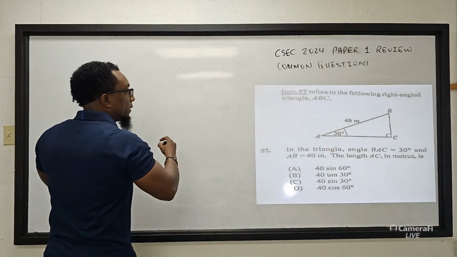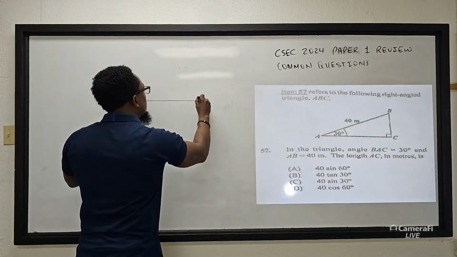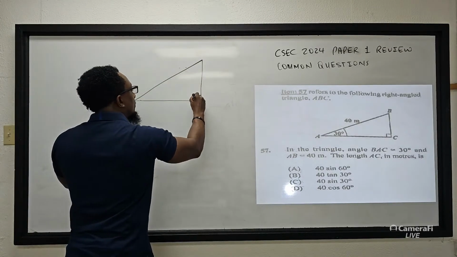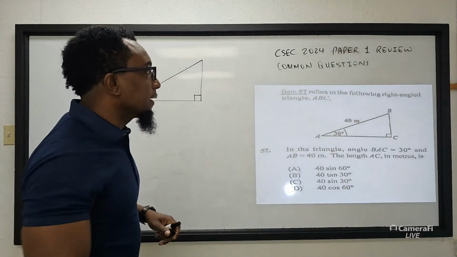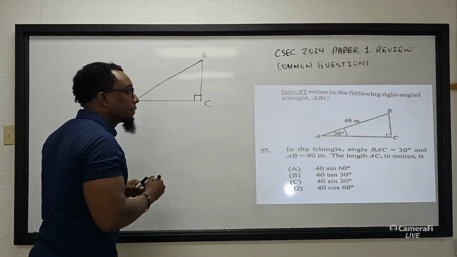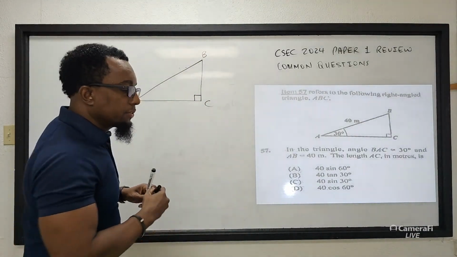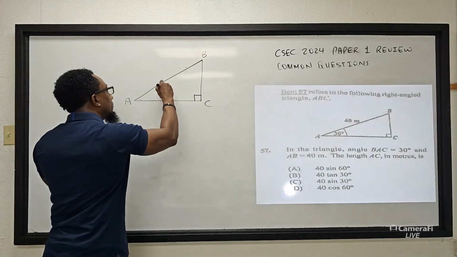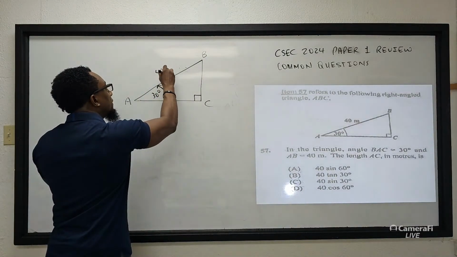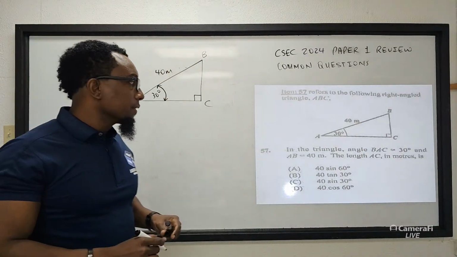Now, so this question, we have this right angle triangle. This is A, B, C. The acute angle here is 30 degrees. This is 40 meters. Okay?